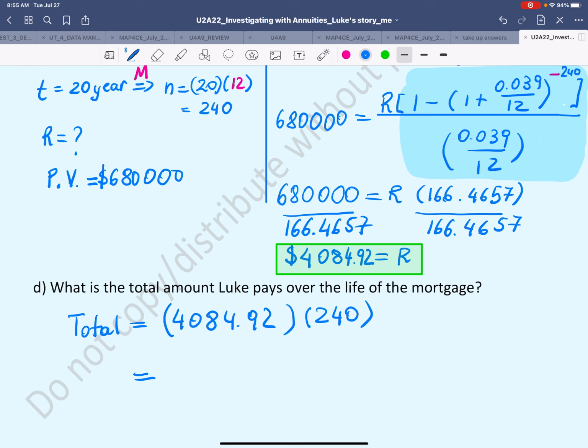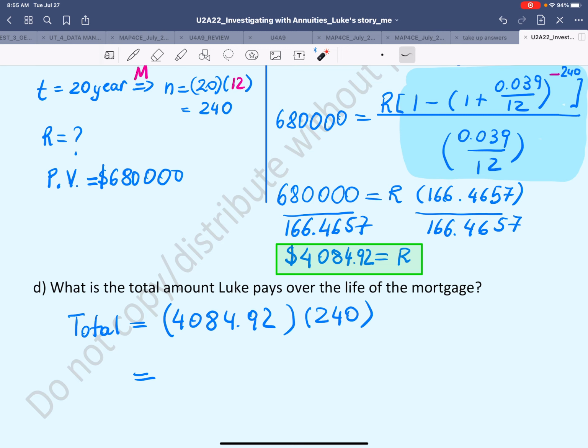I still have my answer in the calculator, so I will use the unrounded, precise answer and multiply it by 240. What I got here is a ridiculously big number. One second.